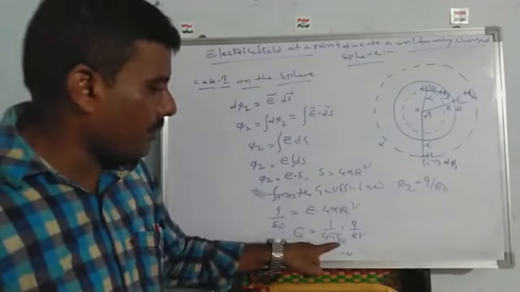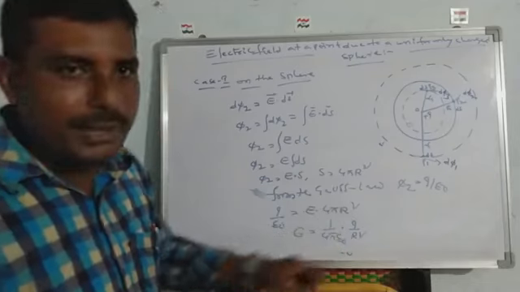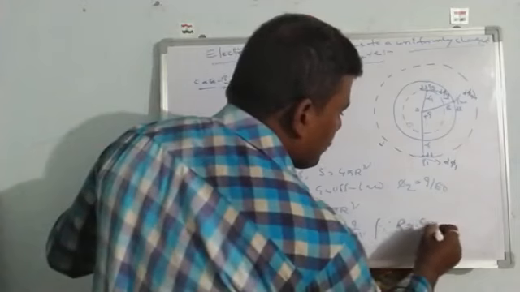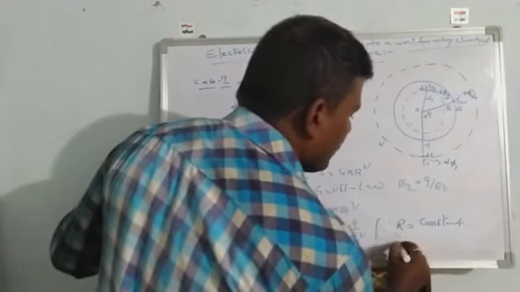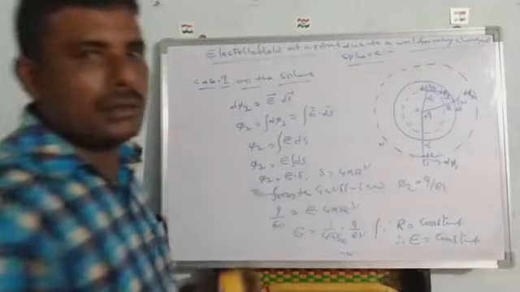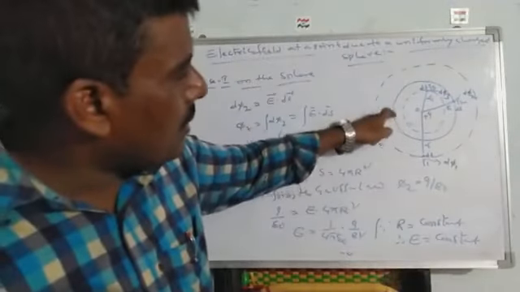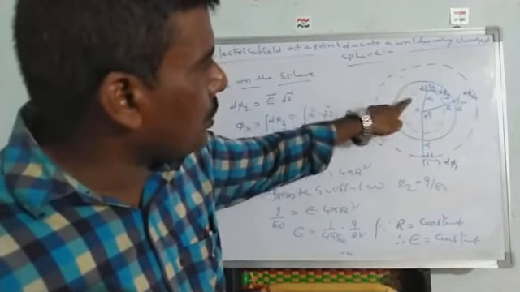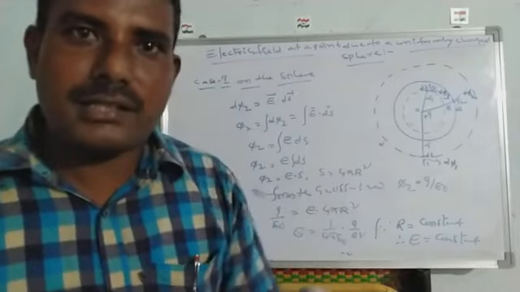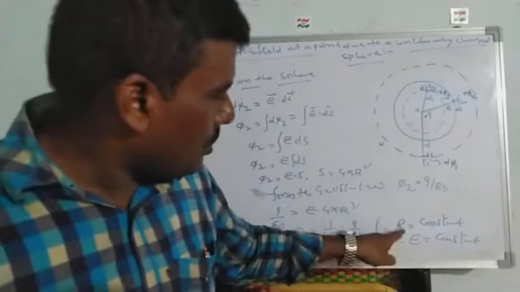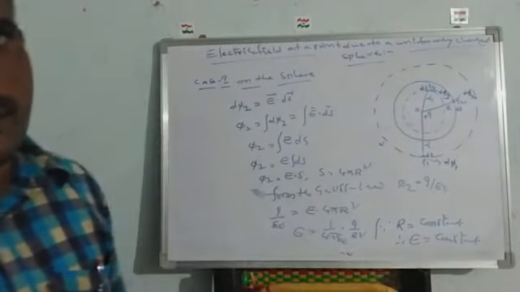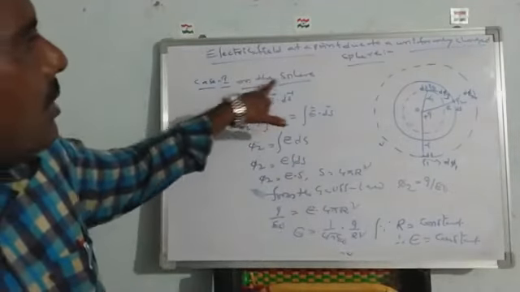E equals 1 by 4 pi epsilon naught into Q by capital R square. Here capital R is constant, so E equals constant. That means the Gaussian sphere is an imaginary sphere, so the capital R remains constant. So E equals constant in that particular situation on the sphere.